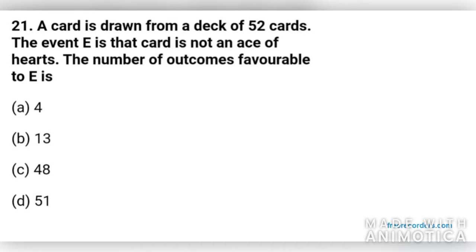So that means 52 minus 1 equals 51. So the right option is D in this case, because we need to just find the number of favorable outcomes. We don't need to find any probability here, so it is a whole number. Moving on to the next one.